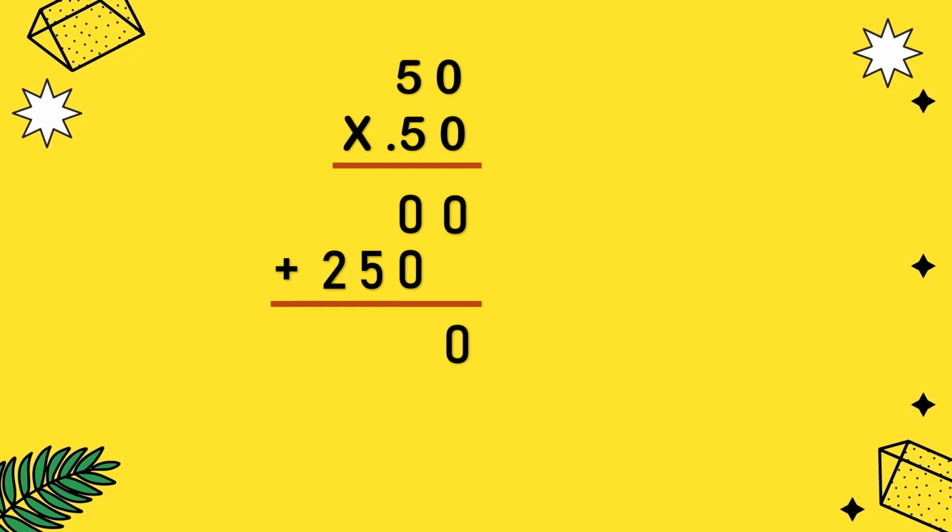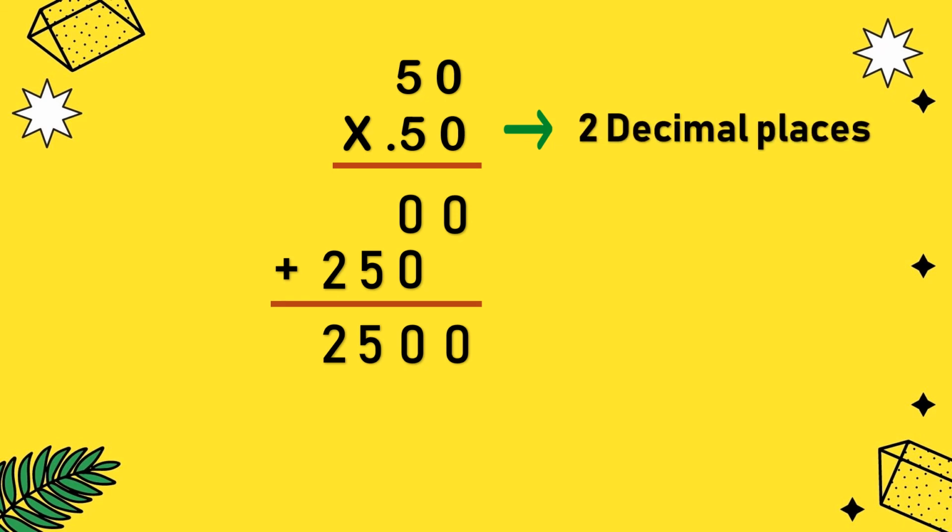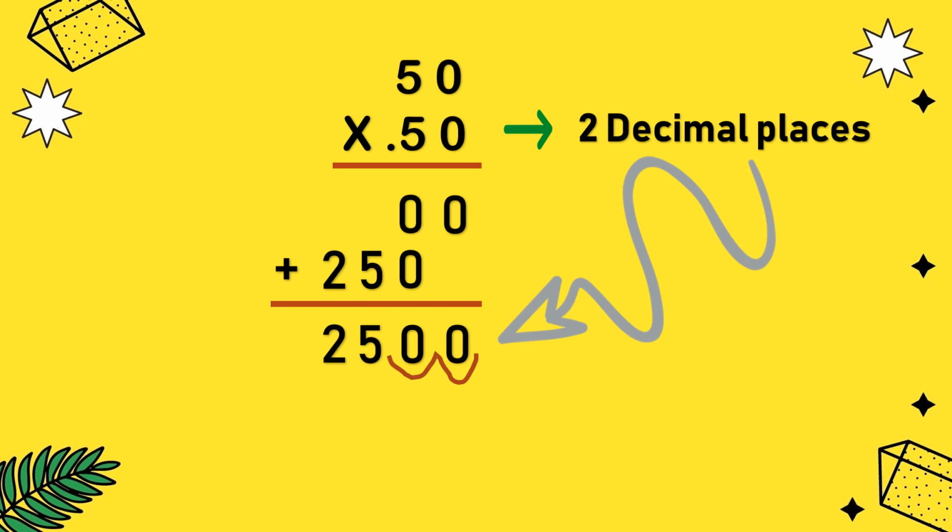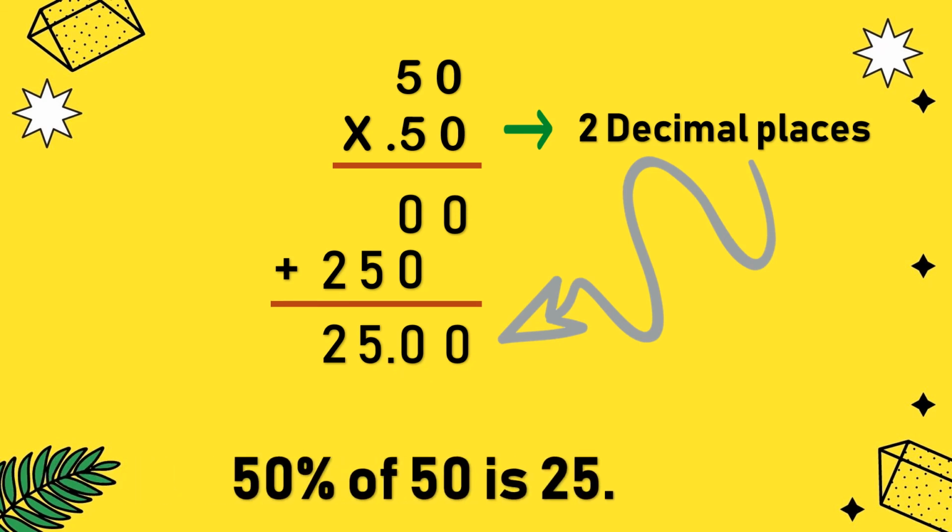Let us now multiply. Going back to the multiplier, we can see that there are 2 decimal places. So in the product, we will also count 2 decimal places from the right going to the left for our final answer to the problem. Therefore, 50% of 50 is 25.